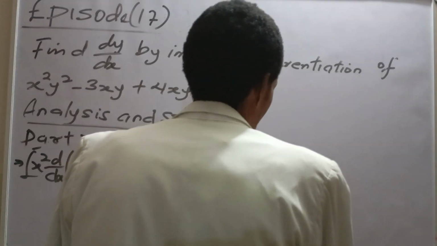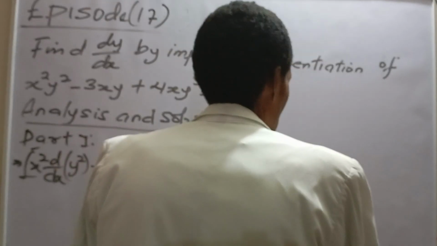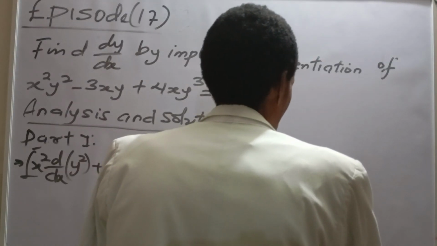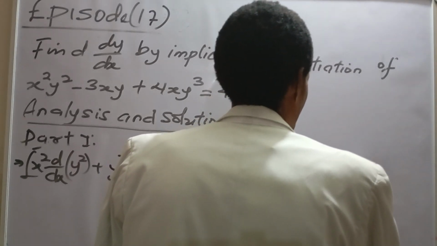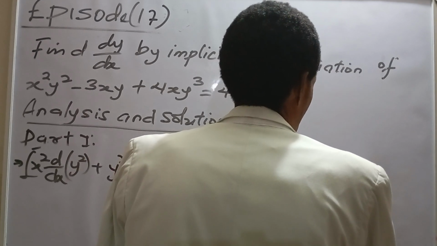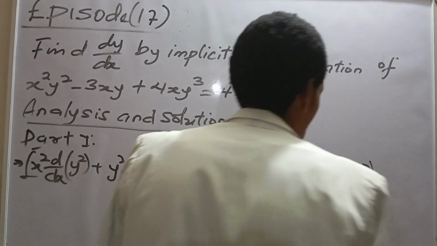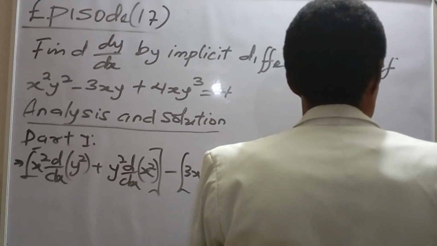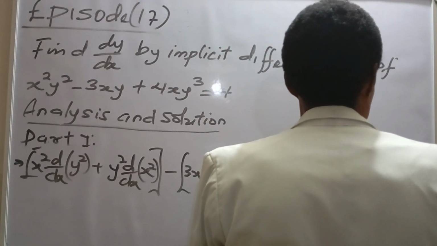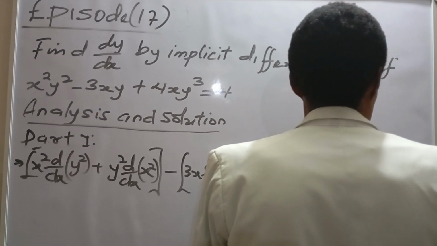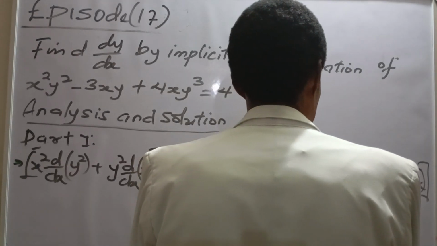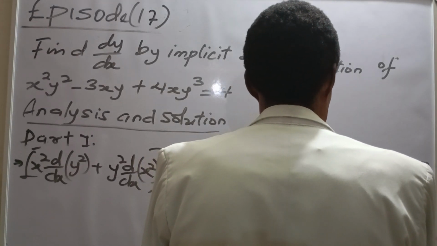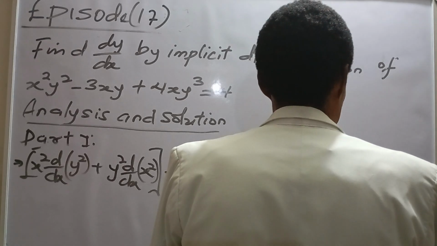Plus, open, this is 4x and d/dx of y cubed, then plus y cubed, then d/dx of 4x, then equals d/dx of the constant.